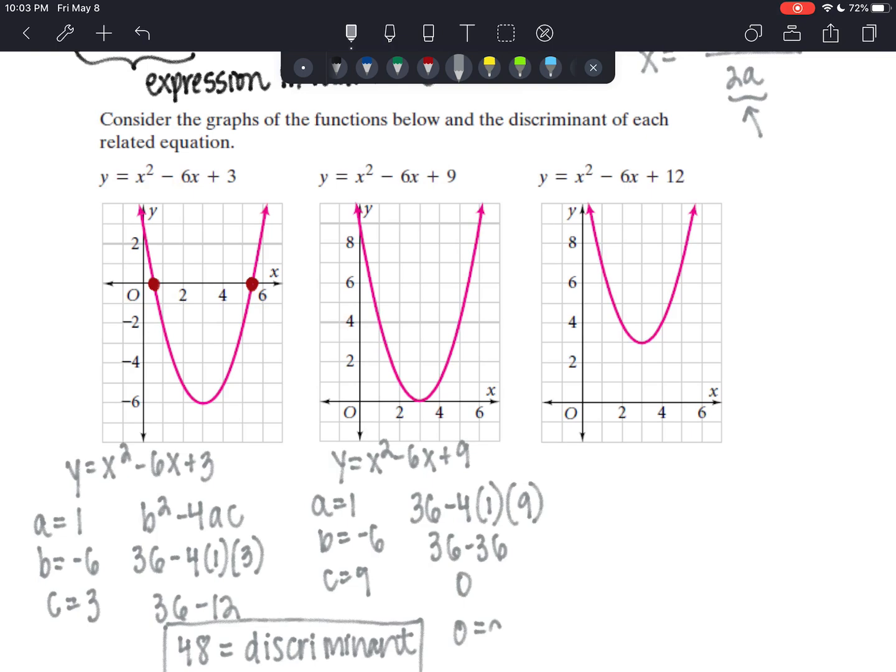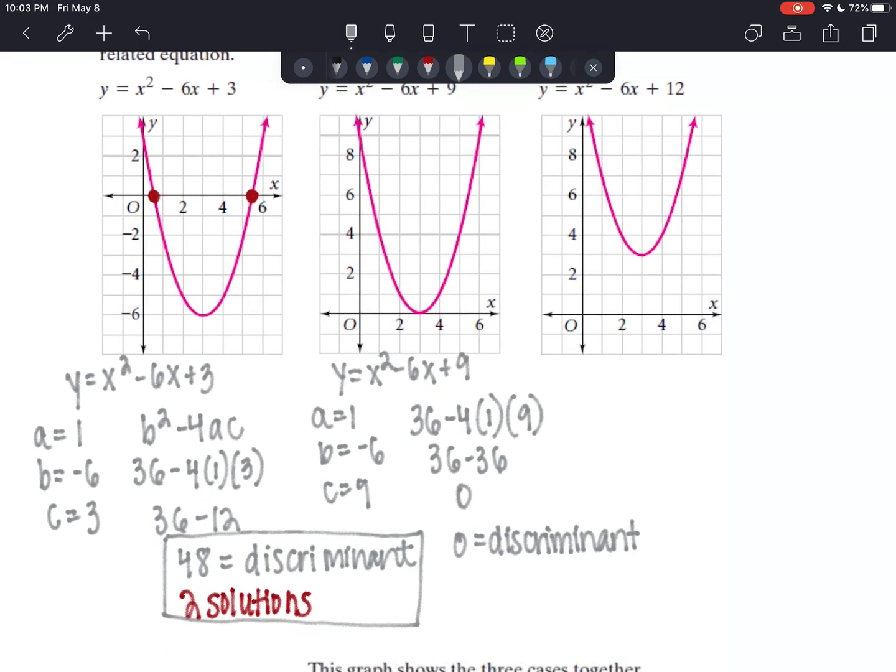So 0 is the discriminant, and you can see that this only has 1 solution. Very interesting. The earlier discriminant was a positive number, and I got 2 solutions. The discriminant is exactly 0, and I only get 1 solution.